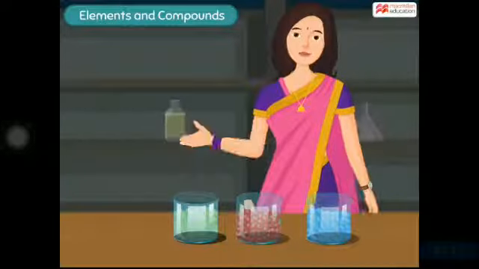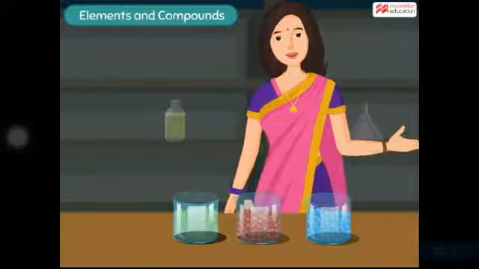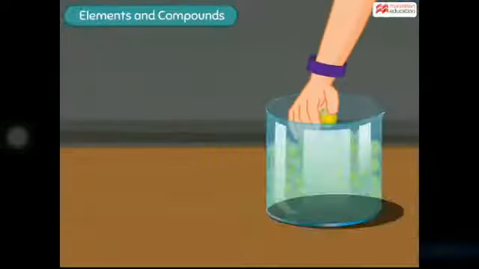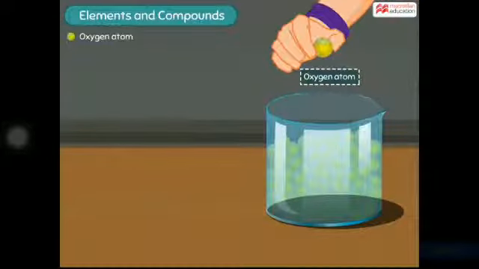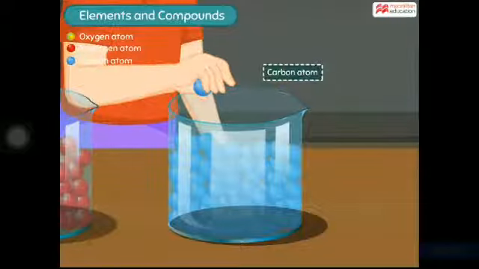Let us use some colored beads to understand how elements are different from compounds. Consider the yellow beads as oxygen atoms, the red beads as hydrogen atoms, and the blue beads as carbon atoms.